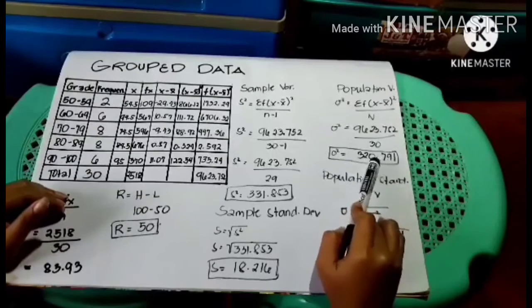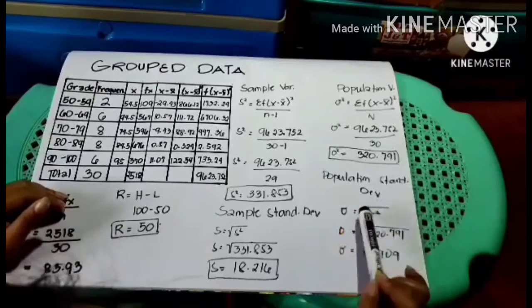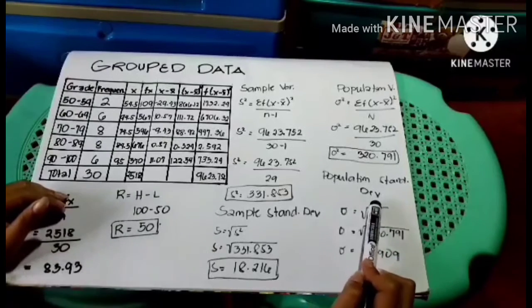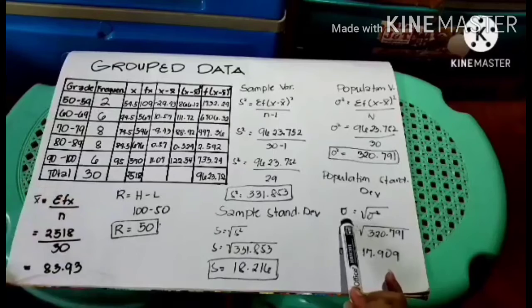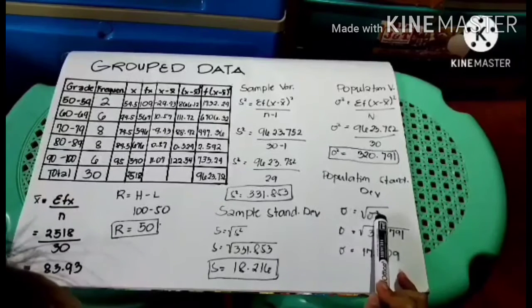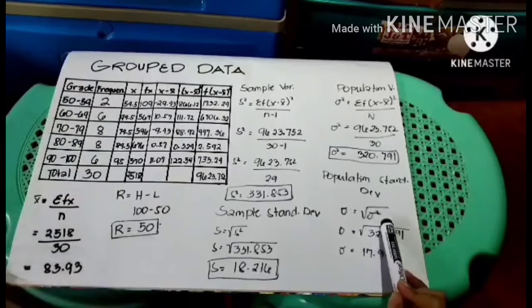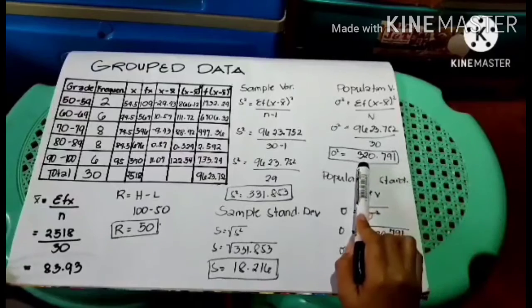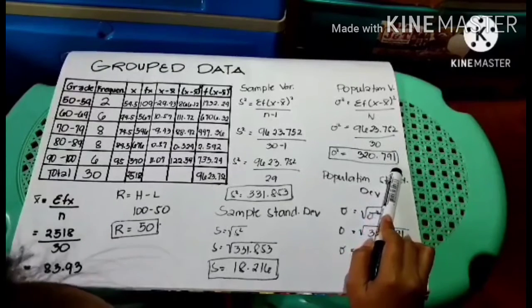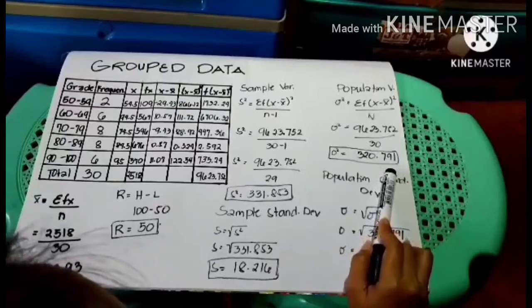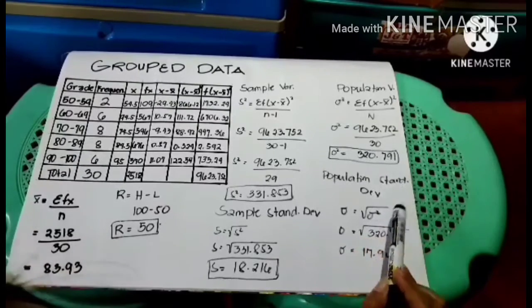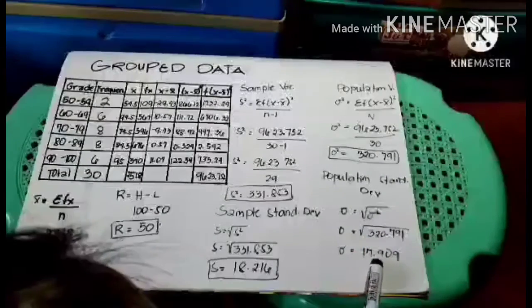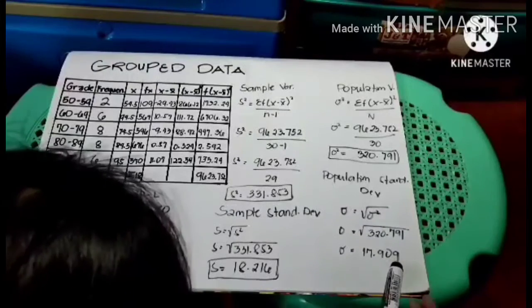This is the population variance. To solve the population standard deviation, the formula is sigma is equal to the square root of sigma squared. The result of our population variance is 320.791. So the square root of 320.791 is 17.909.